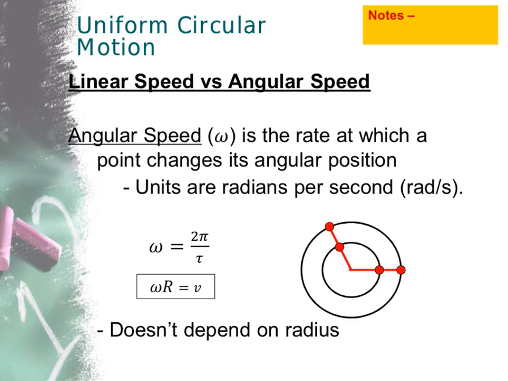Now angular speed is different. First of all, in physics, we use the Greek letter omega. You may have heard that letter before. Omega is the rate at which a point changes its angle over time.